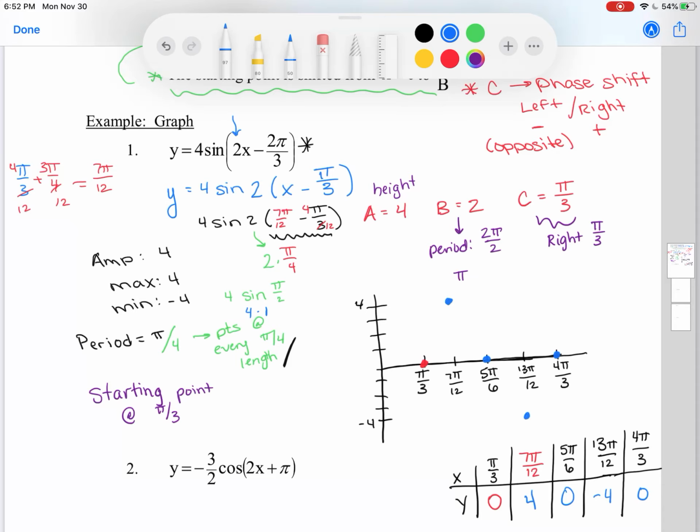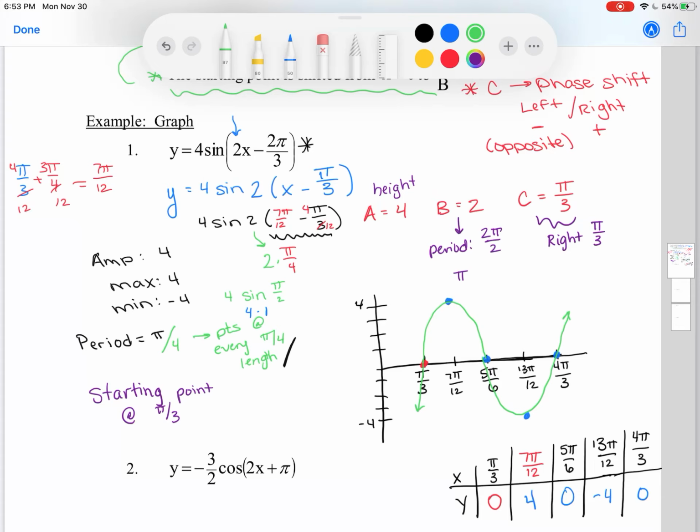Okay, and again, I just need one period here, not constant repeats, just one period here, one length. So we got this little loop here, followed by that loop there. And of course, adding your arrows at each end.